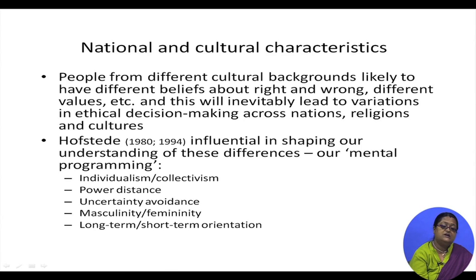These of course help in forming your opinion about what is right and what is wrong with respect to that particular culture, and have a definite role in shaping your beliefs about it. So, this is what culture can contribute in developing your beliefs about right and wrong, and thus affect your decision making process.